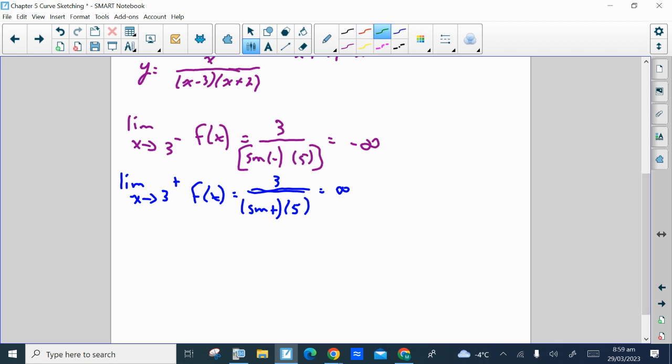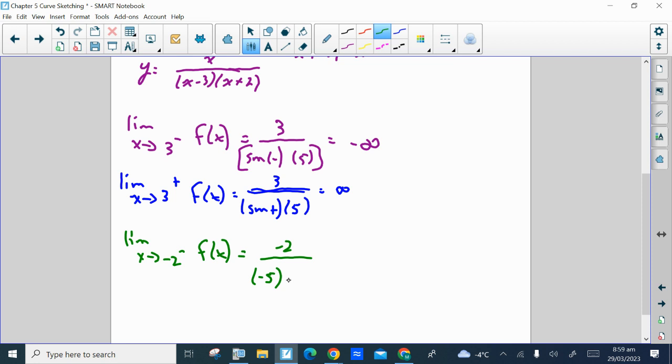But now we have to do the same thing for x approaching negative 2 because that is our second non-permissive value. So first we'll do negative 2 from the left of f at x. So the numerator will approach negative 2. The first factor, x minus 3, will approach negative 5. And when x approaches negative 2 from the left, so that would be negative 3, negative 2.5, negative 2.1, x plus 2 will be negative.